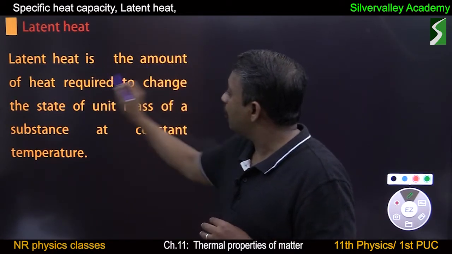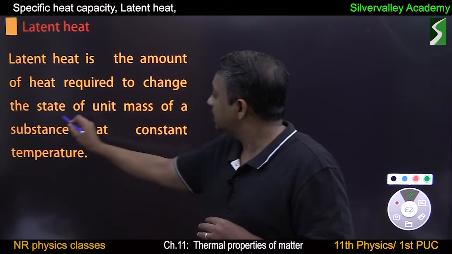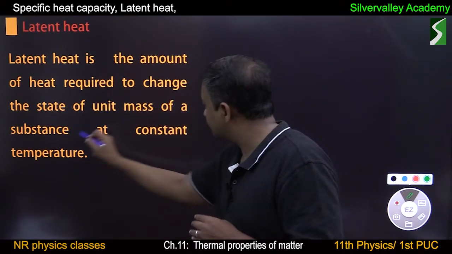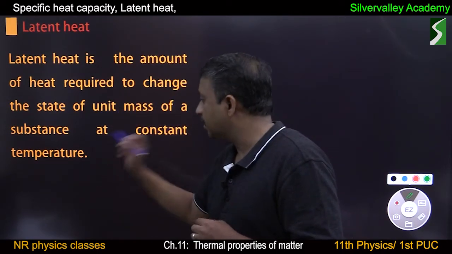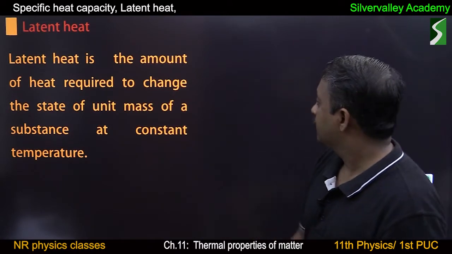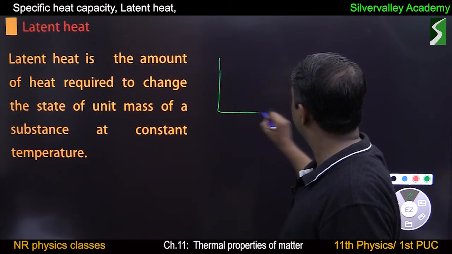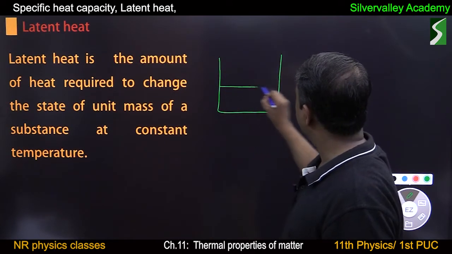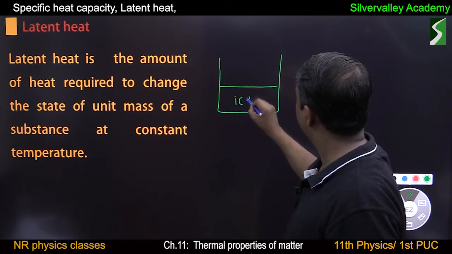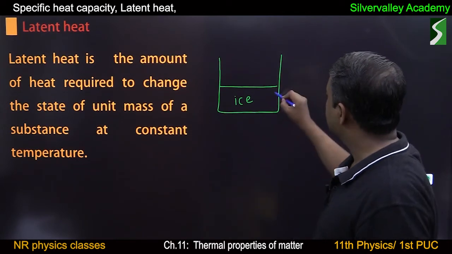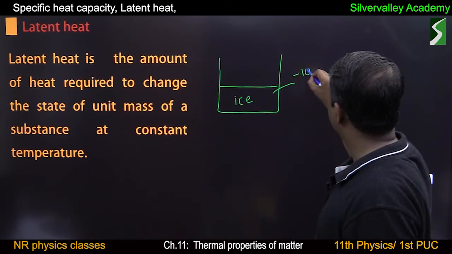Latent heat. Latent heat is the amount of heat required to change the state of unit mass of a substance at constant temperature. Now understand this. This is ice. Ice is at minus 10 degrees Celsius.